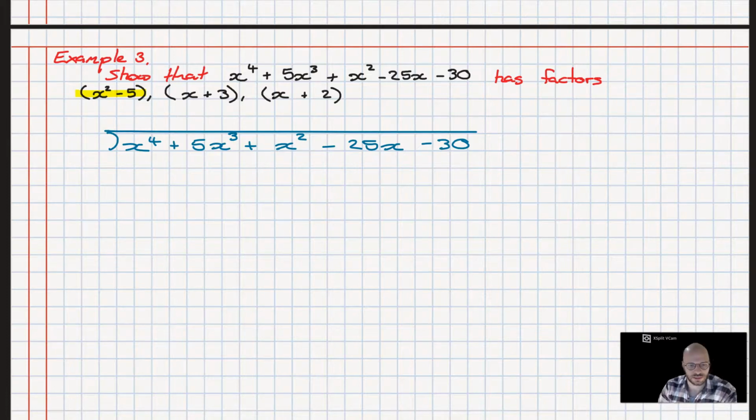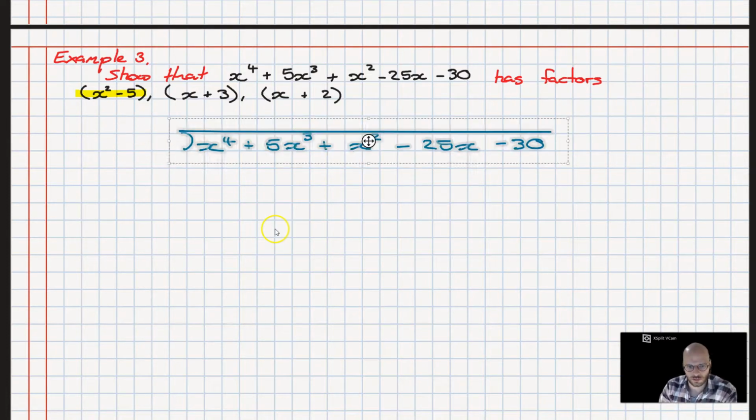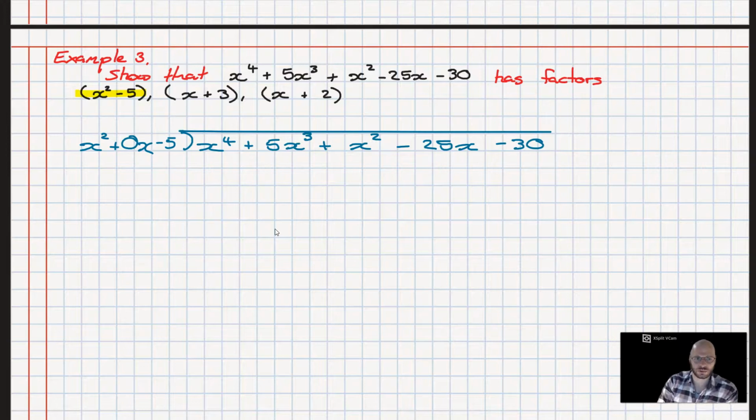So I'm going to write it as minus 5 here, and then x squared there, and a 0x in between. Reason for the 0x is that we have to have every place value represented here.